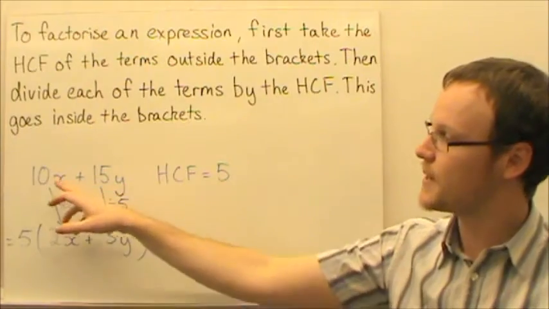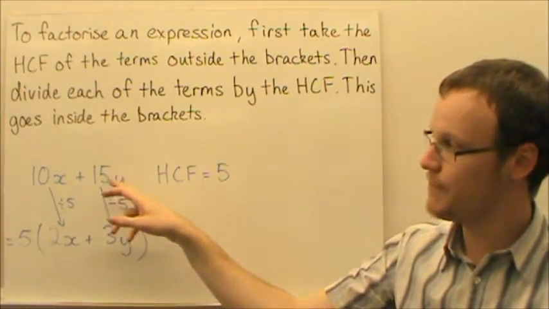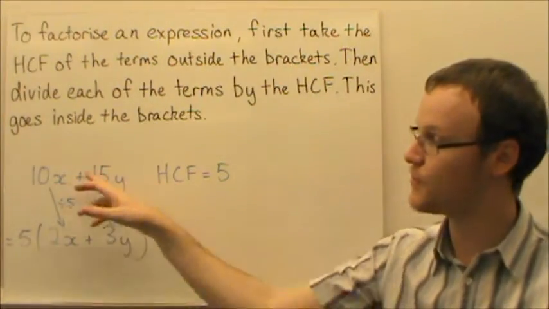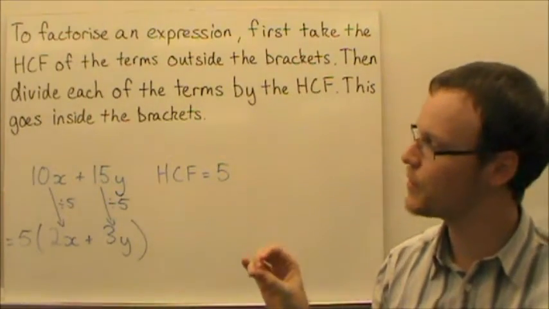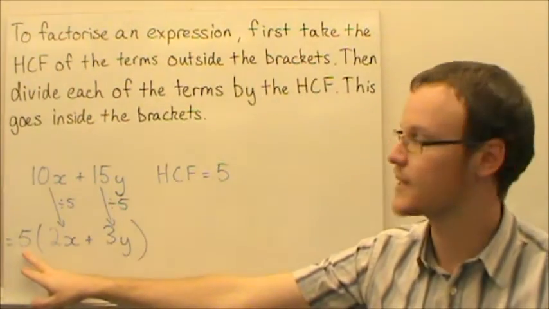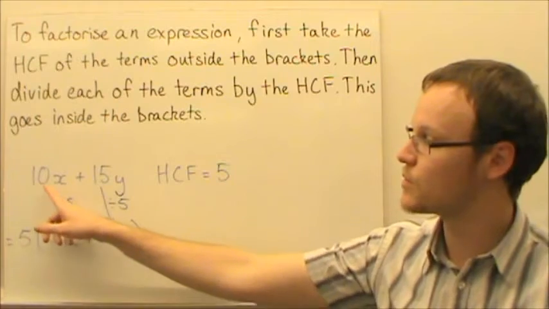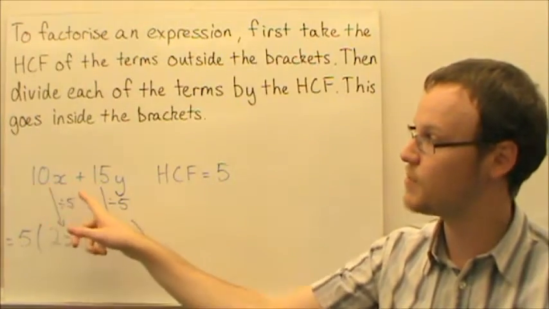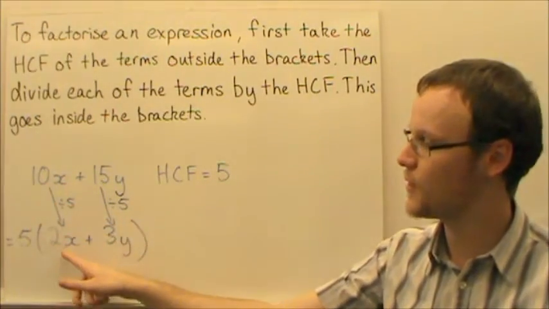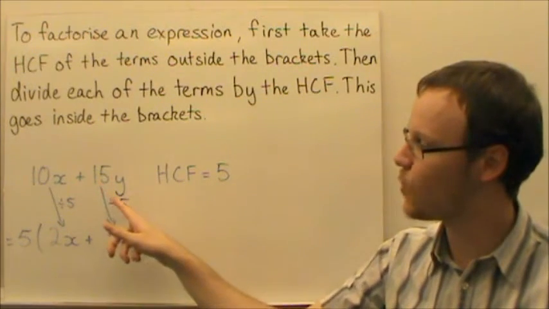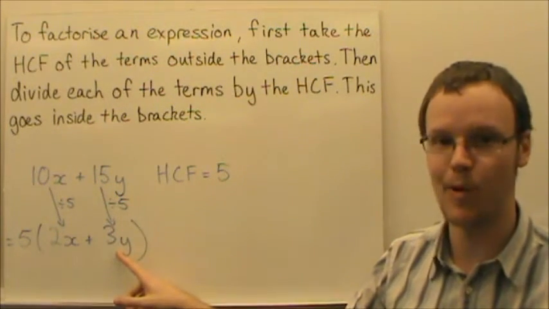For our example here, 10x plus 15y, the highest common factor of these two terms is 5. 5 will divide into both of them, so that will come outside the brackets. Then we'll divide each of the terms by 5. 10x divided by 5 is 2x, and 15y divided by 5 is 3y.